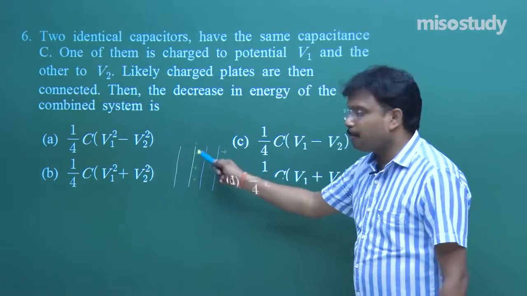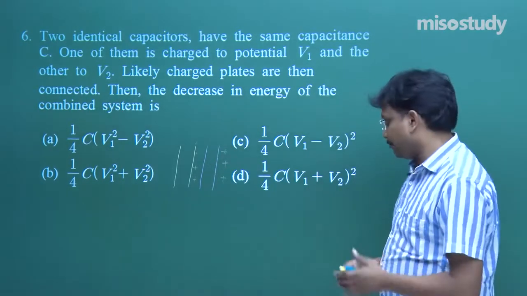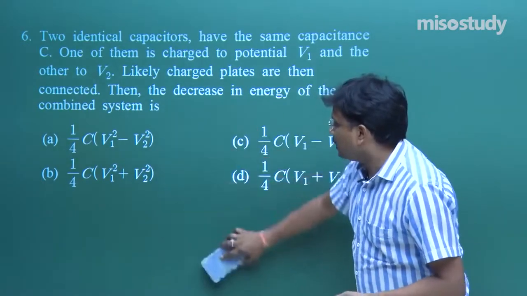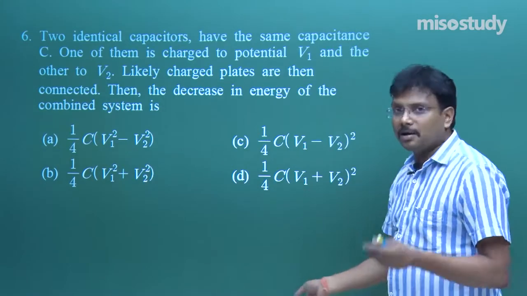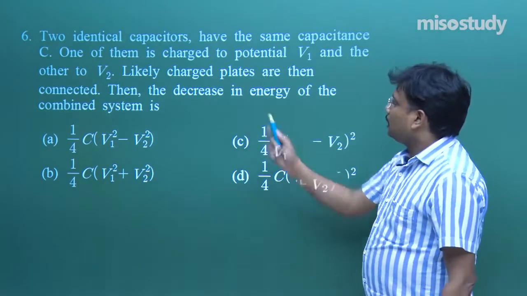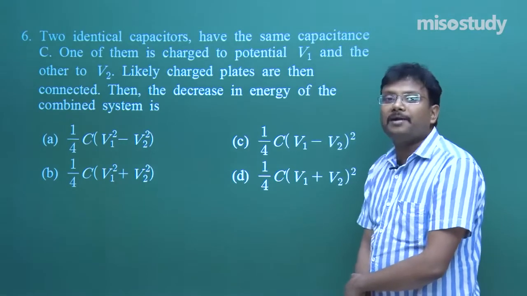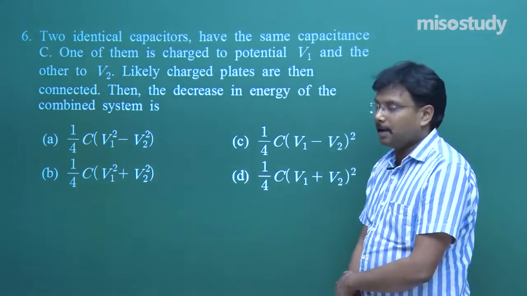So, we connect the positive charged plates. That is the meaning of this line: like charged plates are connected. Then what is the decrease in energy of the combined system, that you have to find out.